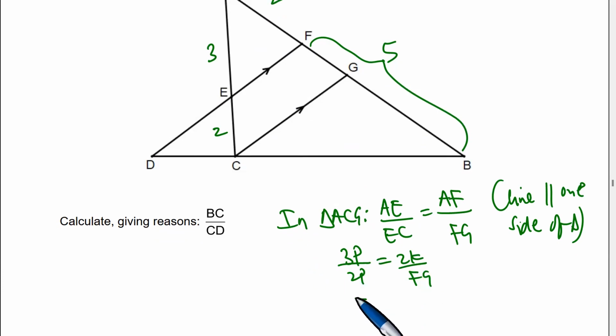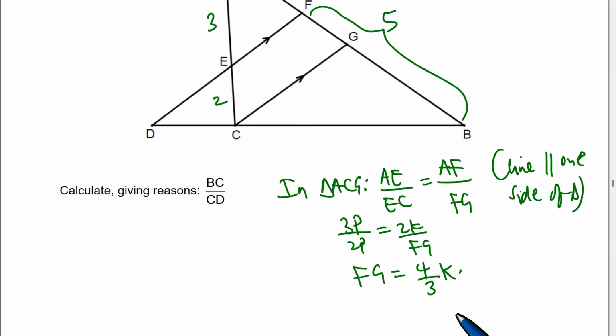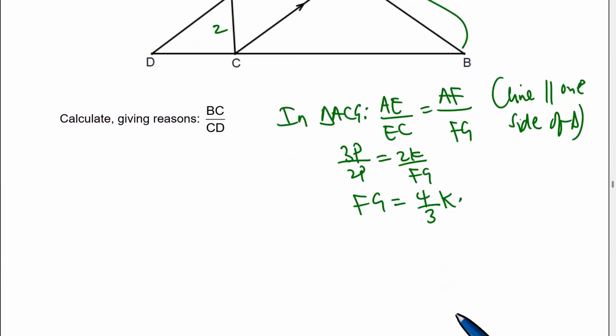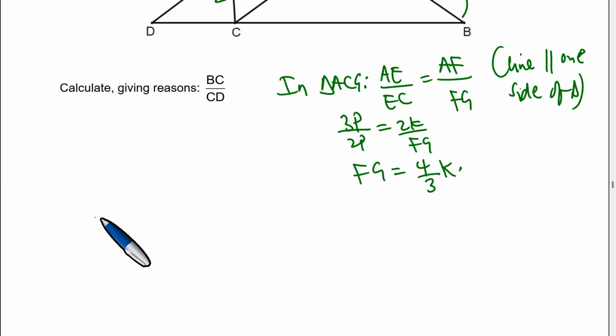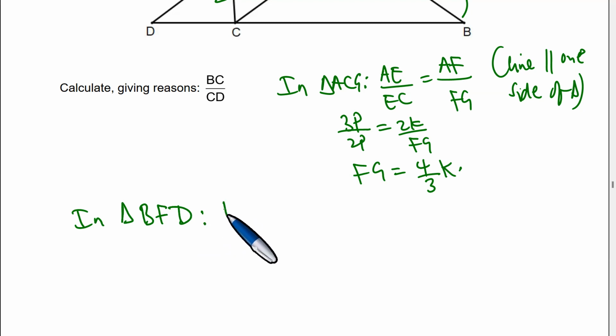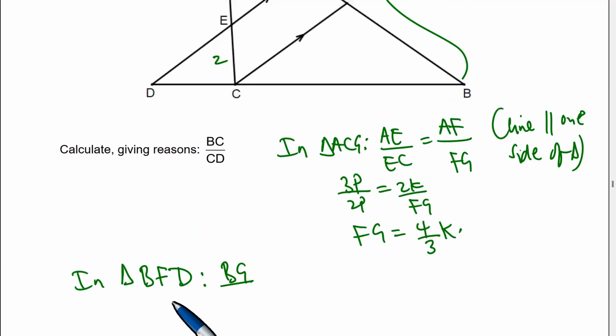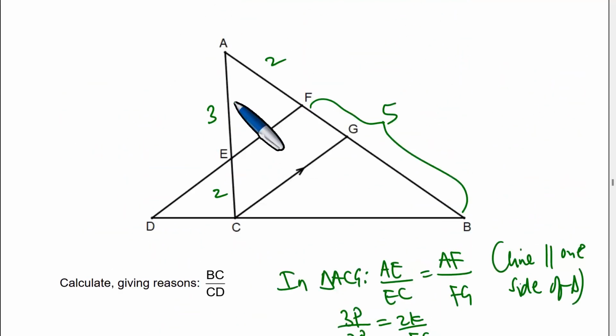Which means therefore that FG is 4 over 3, like this. So in triangle BFD, let's look at triangle BFD.